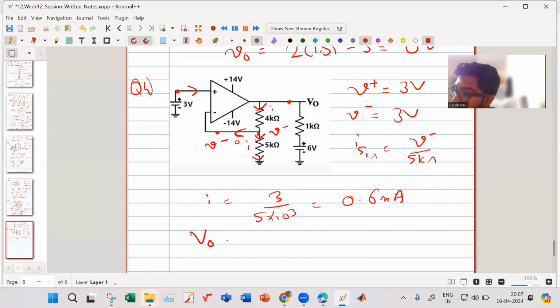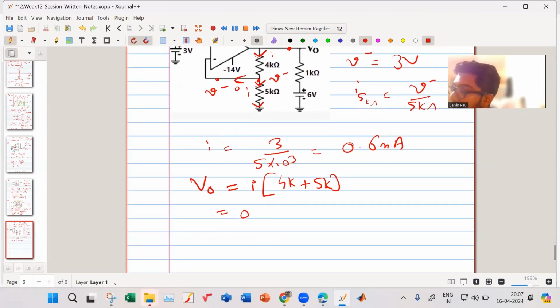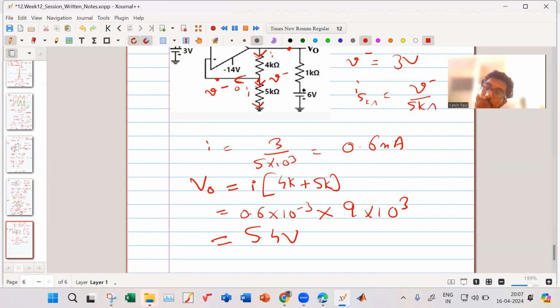So what is my output voltage? Output voltage is current I into what? My 4 kilo ohm plus 5 kilo ohm. So 0.6 into 10 to the power minus 3 into 9K, that is 9 into 10 to the power 3. How much is this? 5.4 volts.